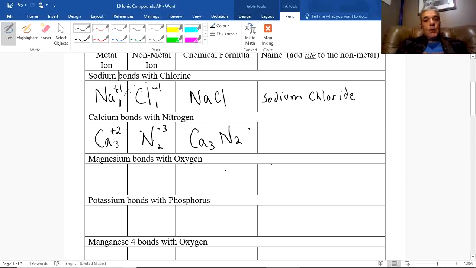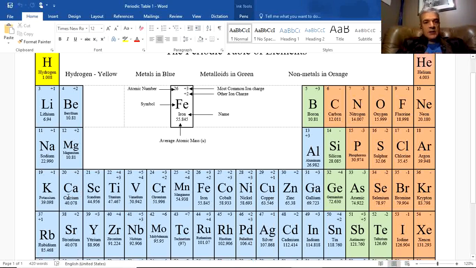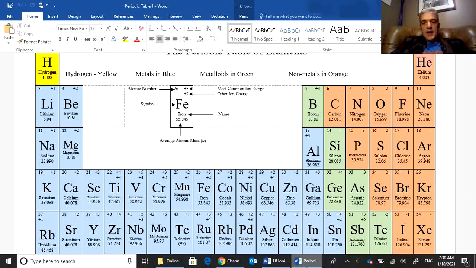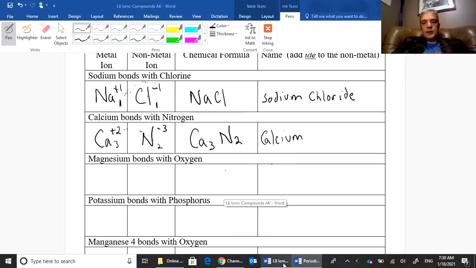And now when we write this, the metal, just written normal, go to the periodic table, copy it down, no reason to spell it wrong. Calcium, okay? Not sure how to spell it? Remember, it's right there on the periodic table, calcium written in. I know it's a little tiny. Zoom in, get your spectacles on, read it, okay? And then when we write the non-metal, it's a little bit trickier, I agree.